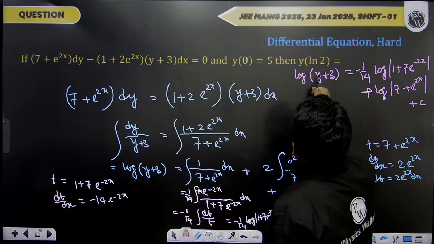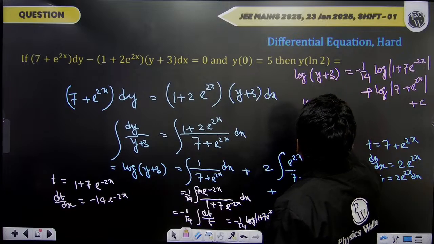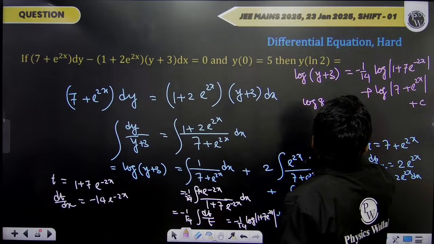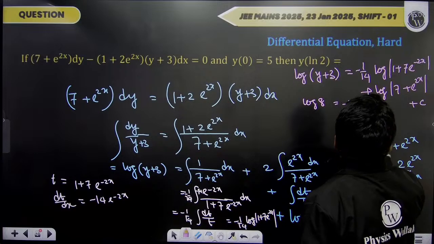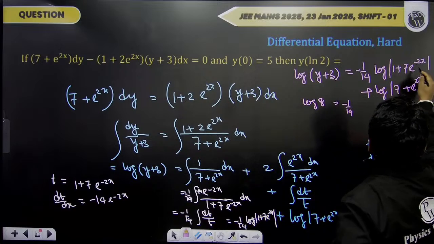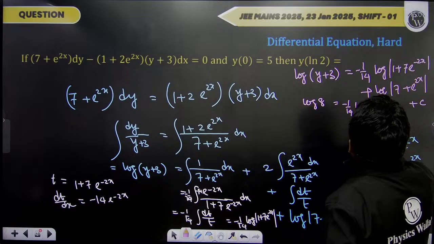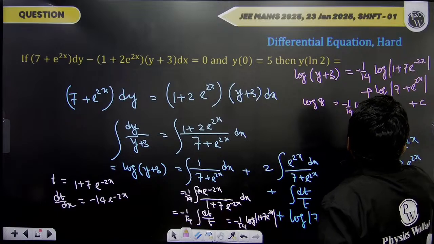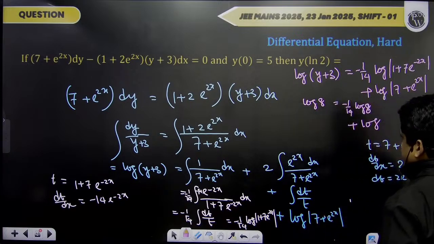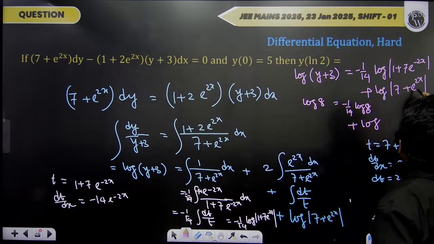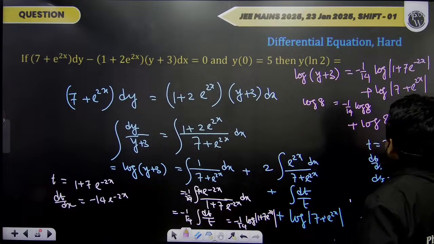And they have given y of 0 equal to 5. So if I put y of 0, this is log of 5 + 3, which is log 8. This is equal to minus 1/14 into log of, e^0 is 1, so 1 + 7, log 8, plus log of 8, so plus c.